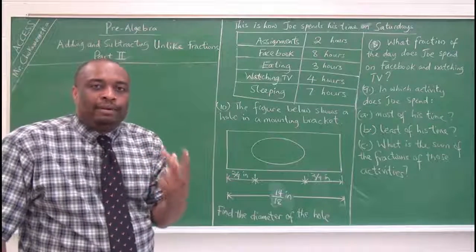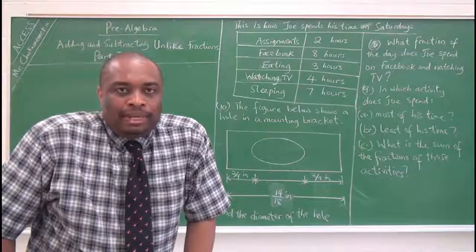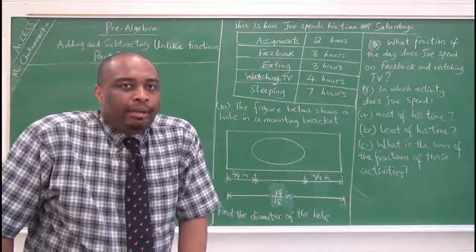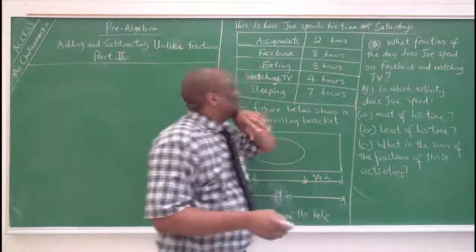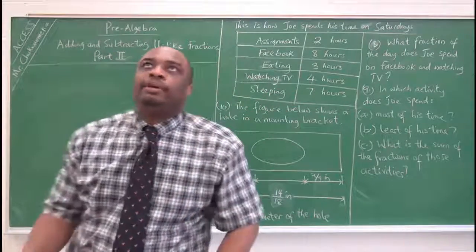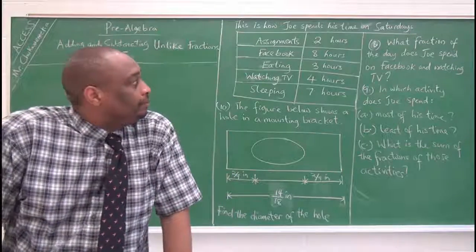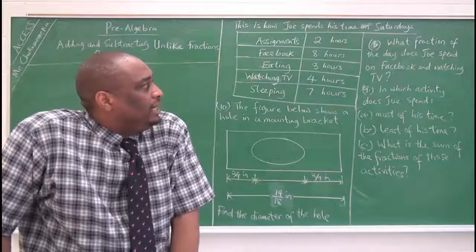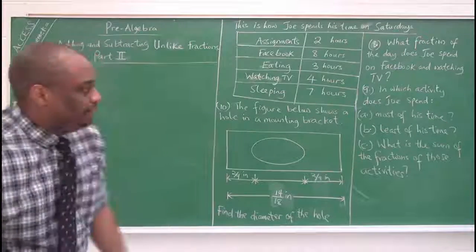We have 24 hours in a day. So we want to make sure the hours are right when we sum it up. 2 plus 8 is 10, 10 plus 3 is 13, 13 plus 4 is 17, 17 plus 7 is 24 hours. Now, what fraction of the day does Joe spend on Facebook and watching TV?